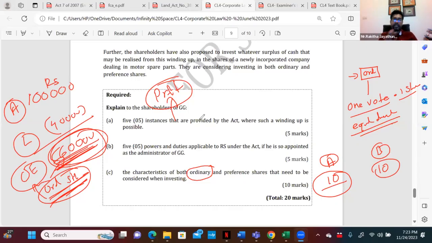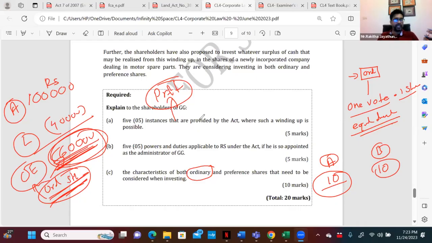But if the company has profits, we call it distributable profits. If the company has distributable profits, of course, no restriction whatsoever, even the full amount you can pay as dividend to ordinary shareholders. But if the company has losses, if the company has no distributable profits, it's illegal to pay dividend to ordinary shareholders. So those are characteristics.